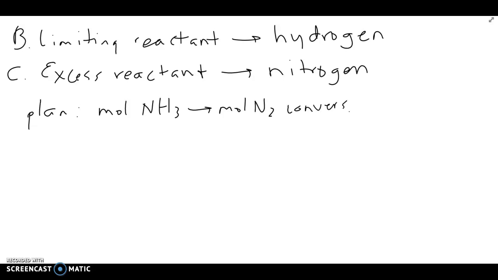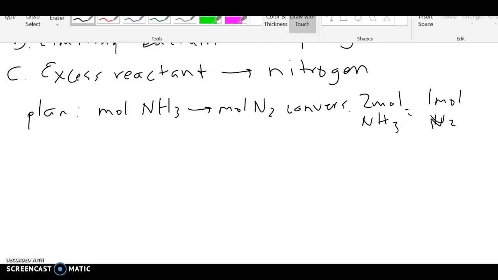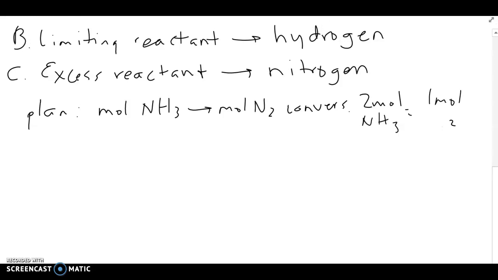So our conversion is going to be 2 moles of NH3 equals 1 mole of N2. That is supposed to be a nitrogen, N2. Okay, so plan, conversion.